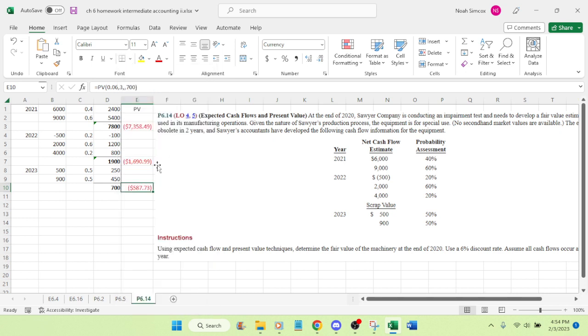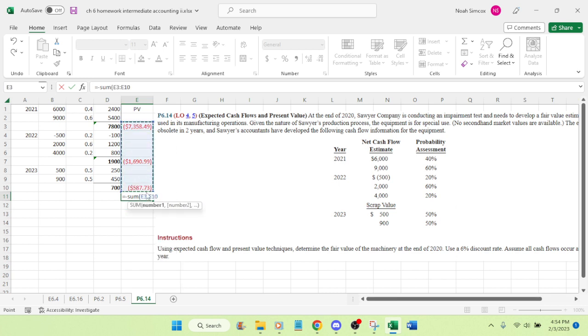It's going to be negative the sum of all that stuff. So it's going to be equal to negative sum of just these. So that means it's going to probably be like 9,000. And there you go.